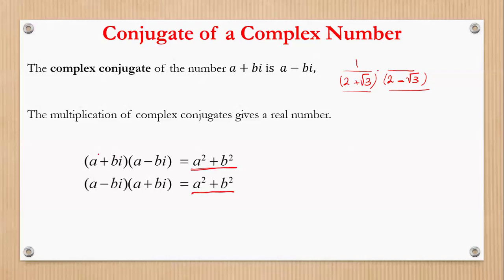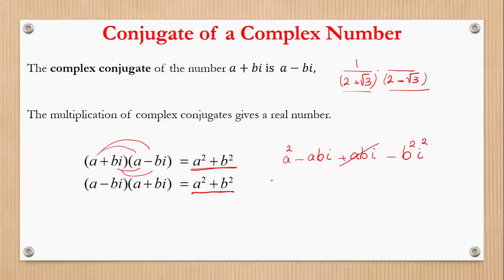When you multiply one by one, you get a times a, which is a squared, a times negative bi, positive bi times a, and positive bi times negative bi, which is negative b squared i squared.